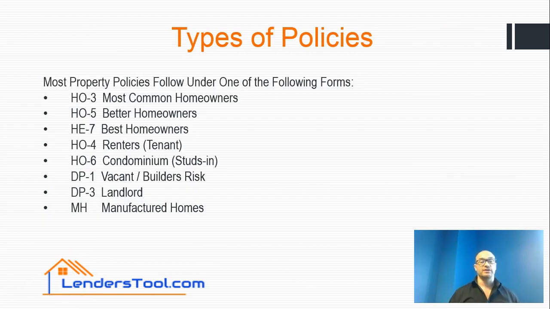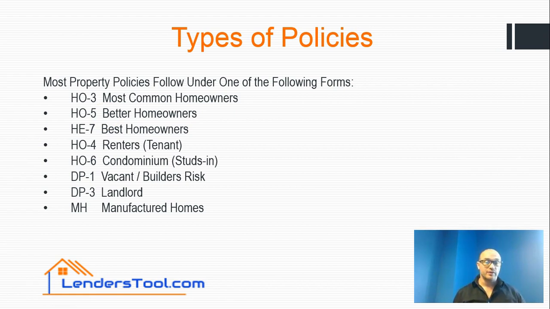So let's talk about different types of homeowner policies. Most property policies are going to go under one of the following. HO3, this is your most common homeowner policy, what most people are going to get. There's another policy that's a little bit better than an HO3. It's called an HO5. Most companies don't write those.